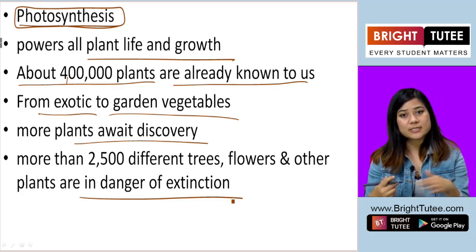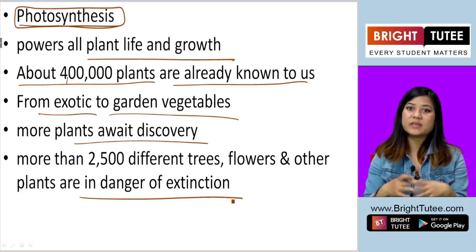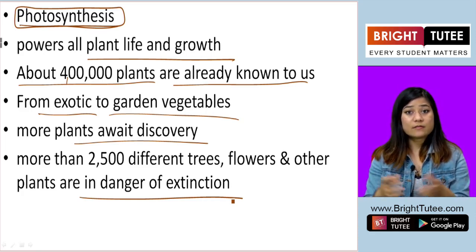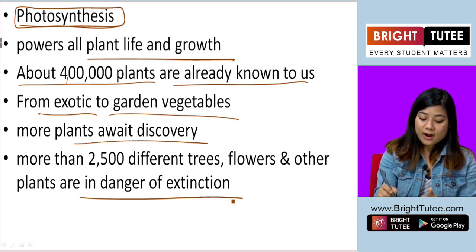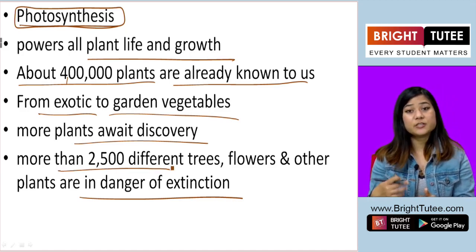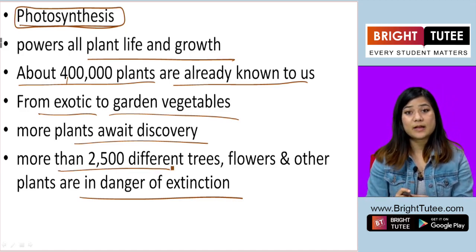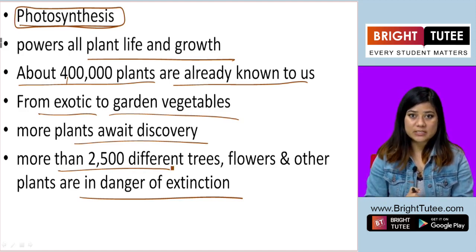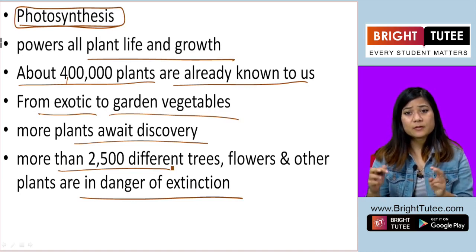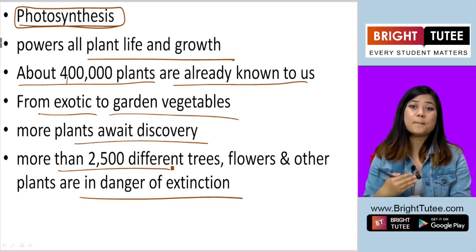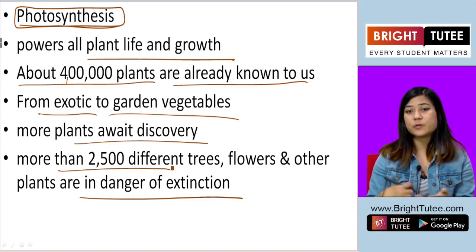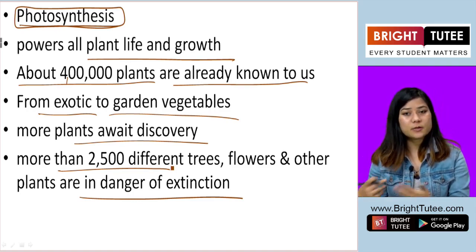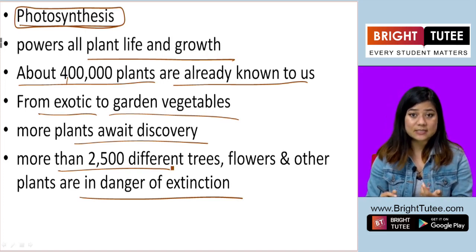It will no longer be available in our environment, on our planet. There are more than 2,500 different trees, flowers and other plants which are on the verge of extinction. They are going to be extinct and forever remain unknown. They will not come back, they will not grow back, we will not find them in our forests, in our gardens, we will not find them anywhere. They will be extinct.